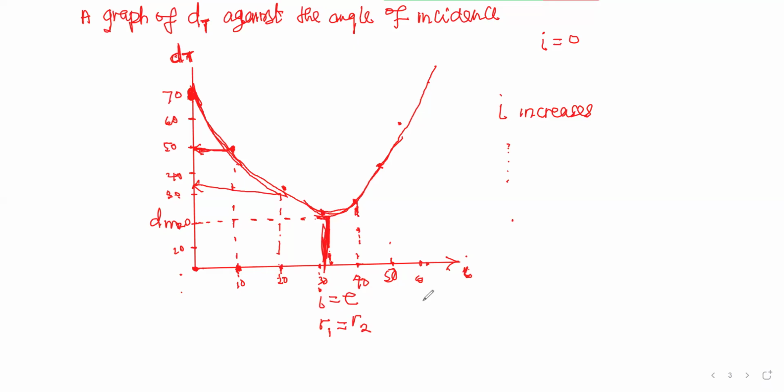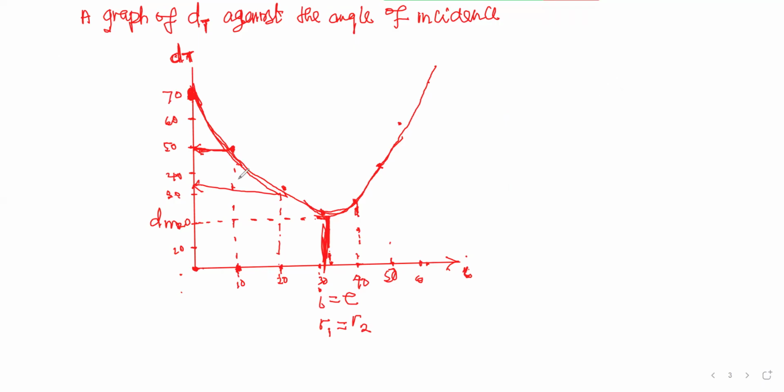A ray of light is incident normally on a triangular prism. Question 2: of refracting angle 30, meaning the angle of the prism is 30 degrees. The ray is incident normally on the triangular prism.